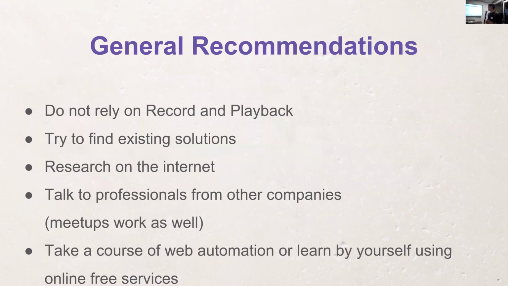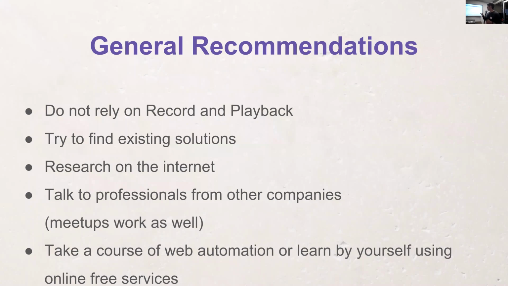The second thing is to try to find existing solutions. Maybe find some templates for frameworks. Instead of building something on your own, try to find it on the internet, maybe you already have an existing solution. Research on the internet.